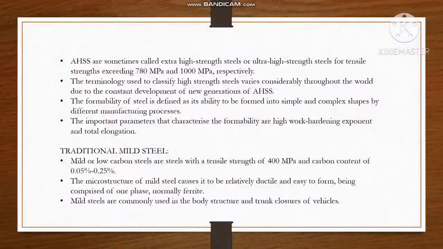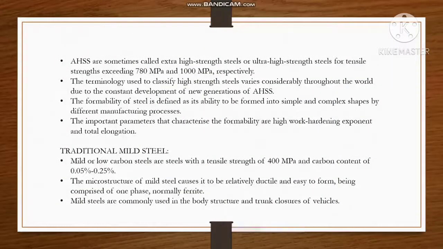Formability of steel is defined as its ability to be formed into simple and complex shapes by different manufacturing processes. The important characteristics of formability are work hardening response and total elongation. We are going to traditional mild steel.